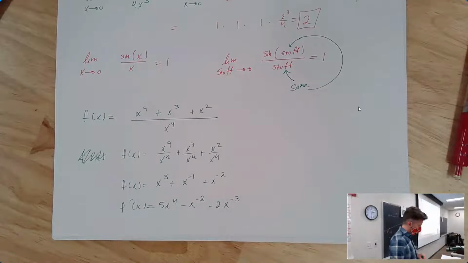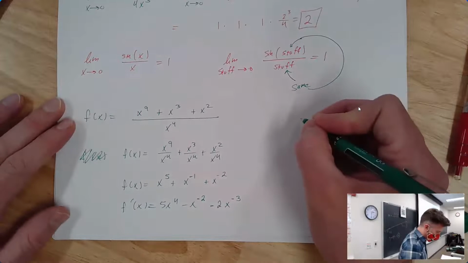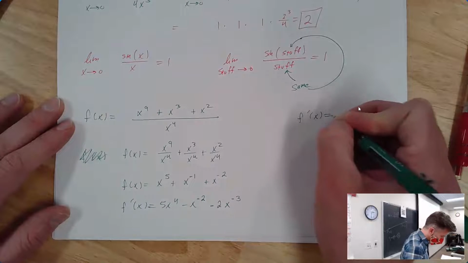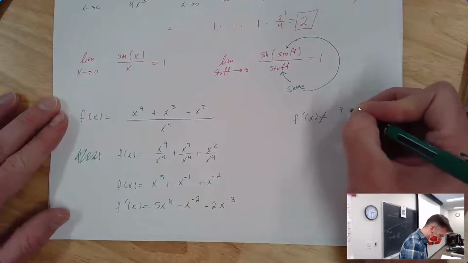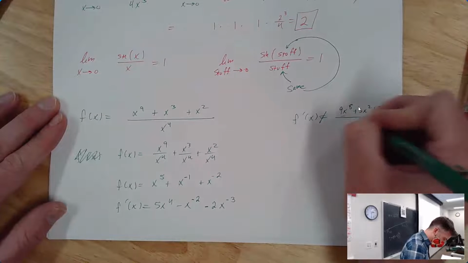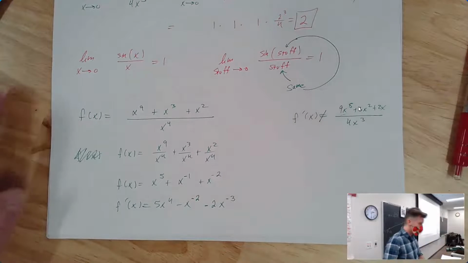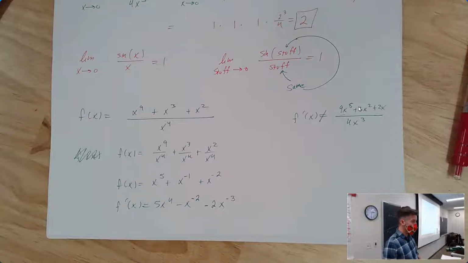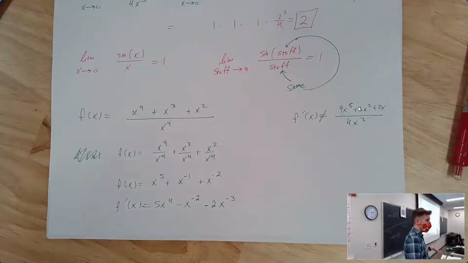And again, I want to remind you all, the derivative of this is not 9x to the 8th plus 3x squared plus 2x over 4x cubed. It's definitely not, meaning you can't take the derivative of a quotient by just doing the derivative of the top divided by the derivative of the bottom.